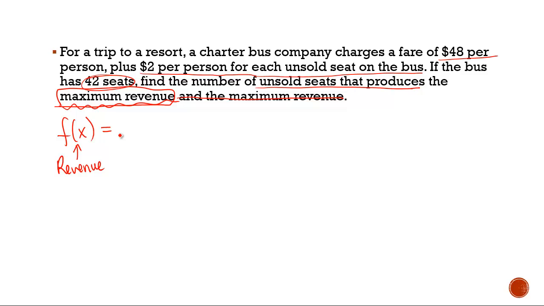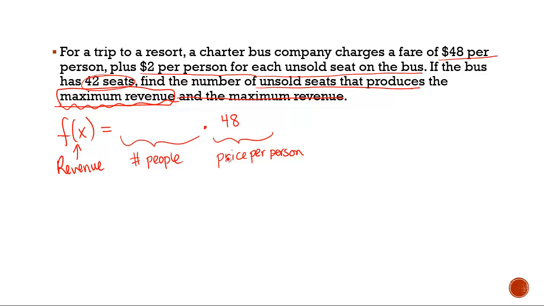So for the revenue, you're going to take the number of people times the price per person. Right? So we need to figure out how to represent both of those things based on the information we have. Normally, the price would be $48 per person, but that depends on the number of unsold seats.